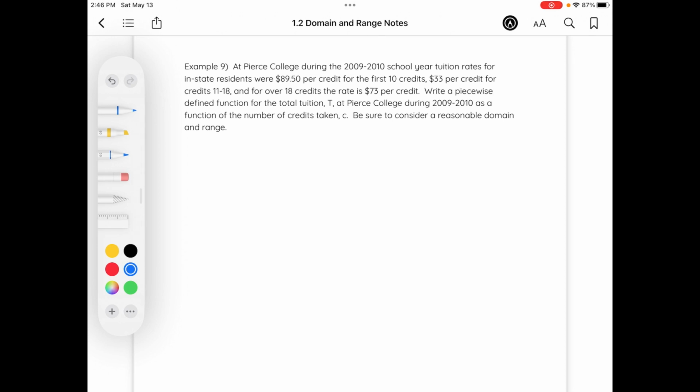Write a piecewise defined function for the total tuition T at Pierce College between 2009 and 2010 as a function of the number of credits taken. Be sure to consider a reasonable domain and range.